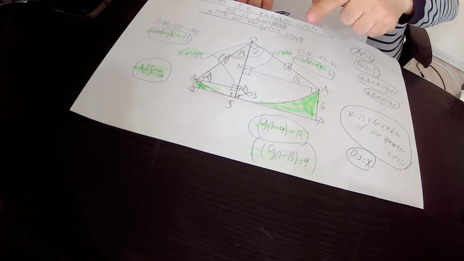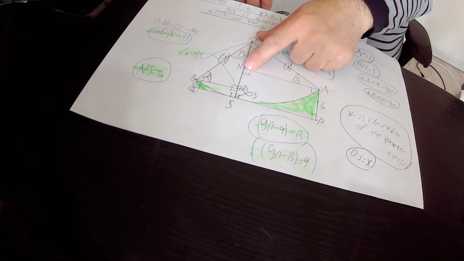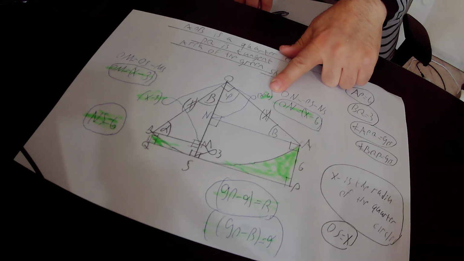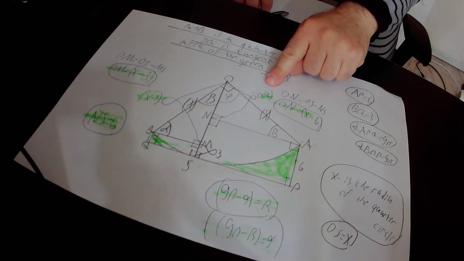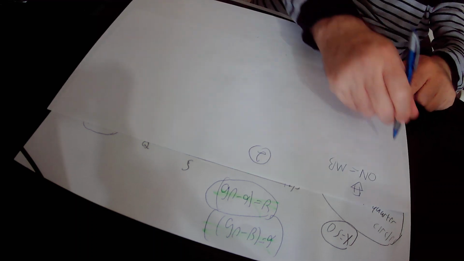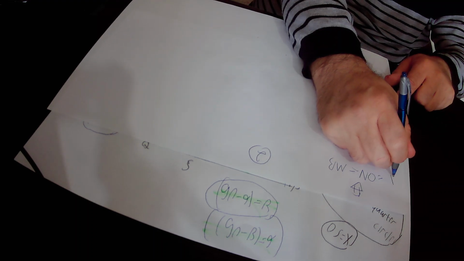But we have already found out that side ON equals x minus 6. So we can write here that ON equals x minus 6.